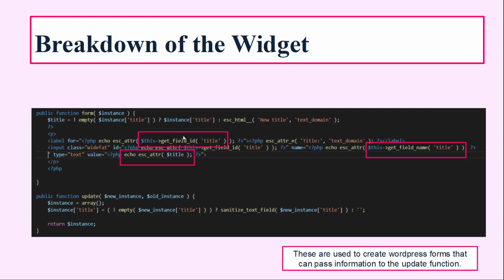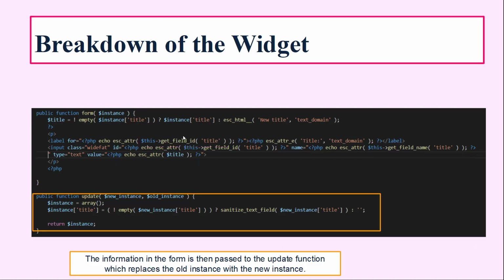So these are important. And last of all, we have these instances. This update function allows us to update our instance. What will happen is we have these values in our form, and we want these values to be displayed on the front end.